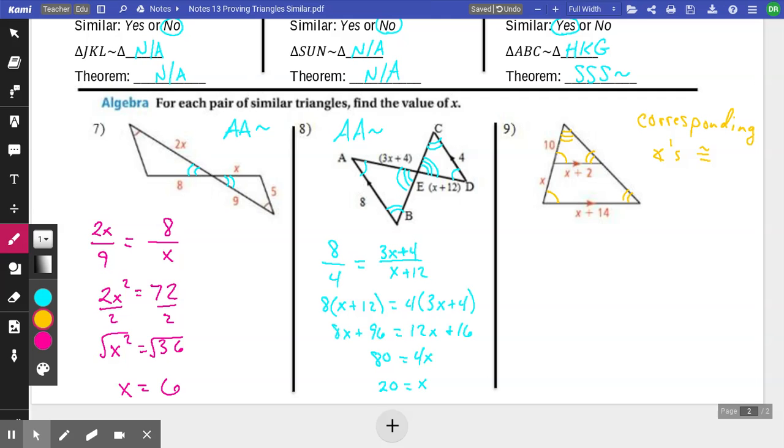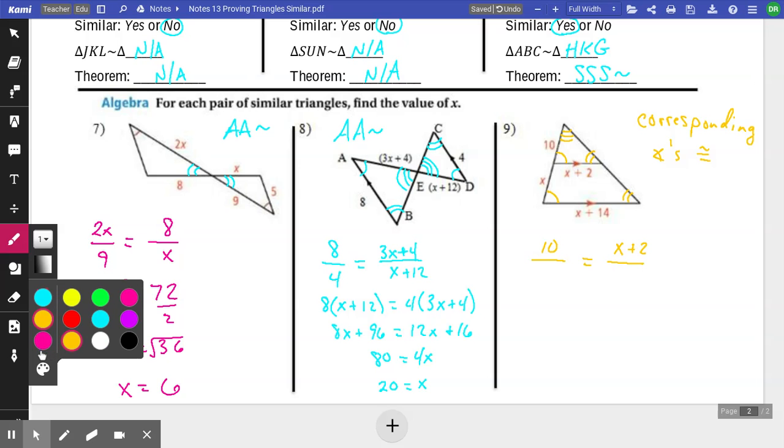Looking at your side lengths, pay attention to what the sides are for the small triangle. We have a 10 and an x plus 2. We could start that comparison where we put both of those either in the top or the bottom of a fraction. So maybe we put 10 in the top of this one, x plus 2 in the top of this one, and we put the bigger triangle side lengths in the bottom.